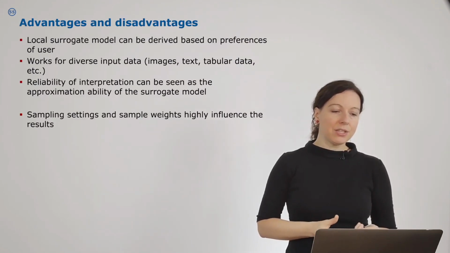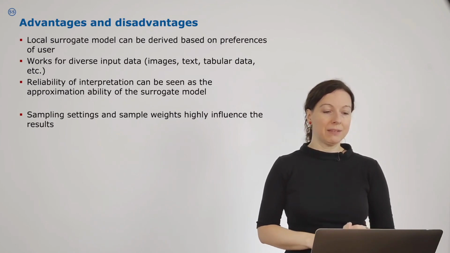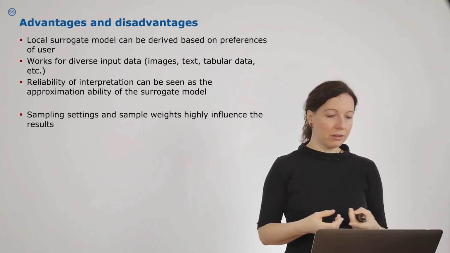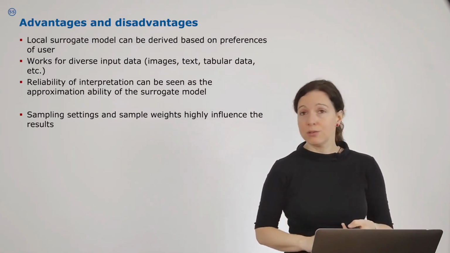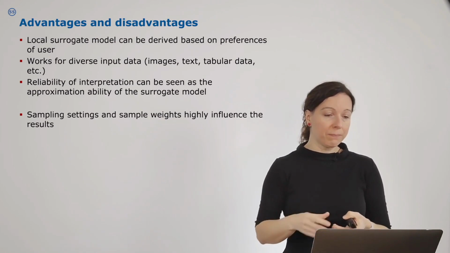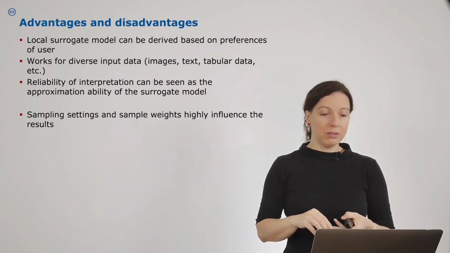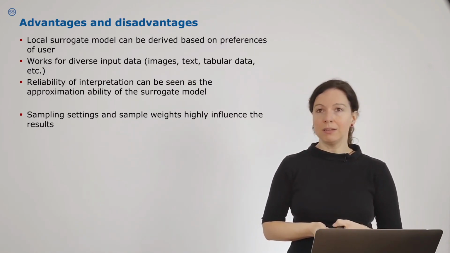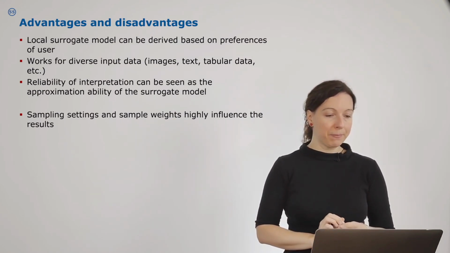The advantage is, first of all, the local surrogate model can be derived based on the preferences of users. If you like linear regression, or a linear classifier in this case, you can use it. If you like decision trees, you can use them. That's good. Also, it's good that it works for diverse input data, for images, for text, for tabular data, and so on. This is not the case for all interpretation tools.